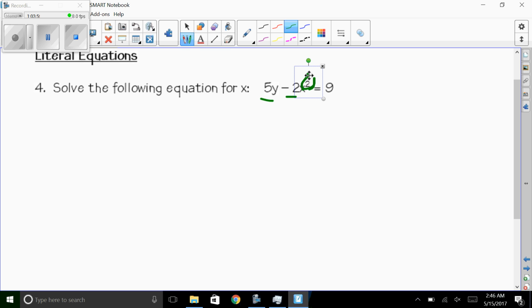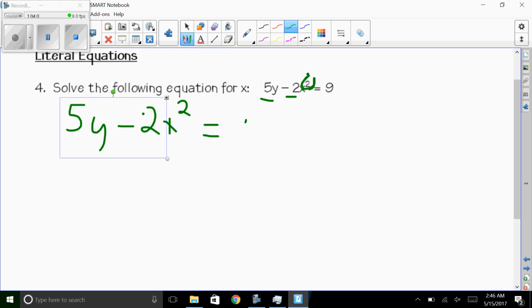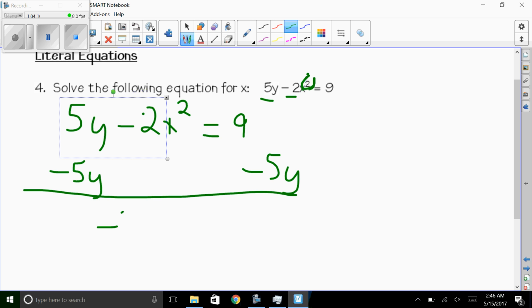So first, getting rid of the y term, you subtract that on both sides. We're left with negative 2x squared equals negative 9 minus 5y.